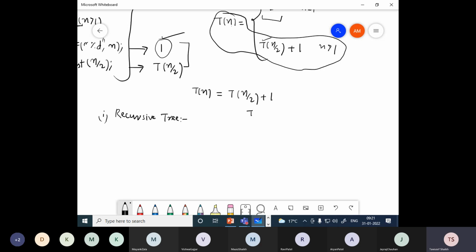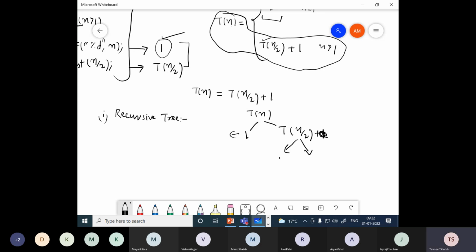The recursive tree method says that this T of n, each time it will take this much time, or you can say it will print this value of 1 and call itself with the parameter halved, because this is what we use as a recursive function, decreasing its value by dividing by 2 at each iteration of the program.